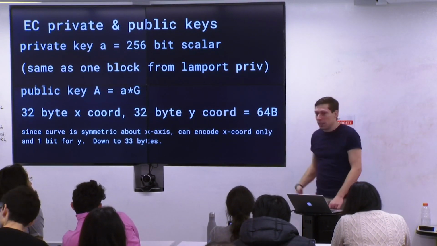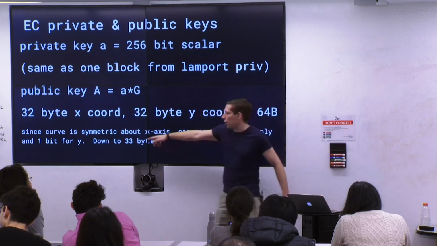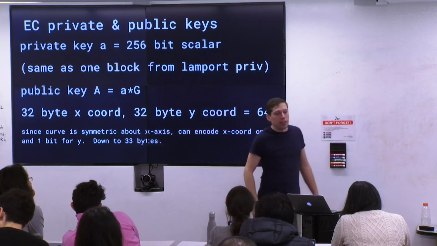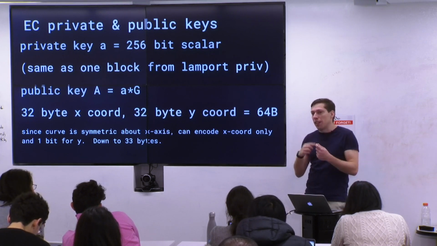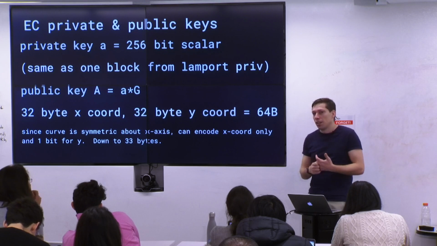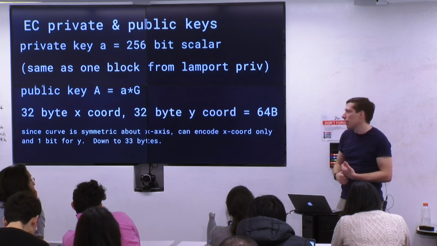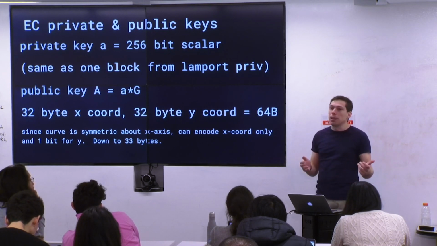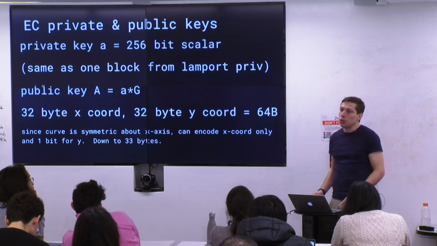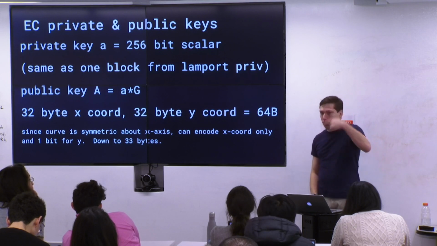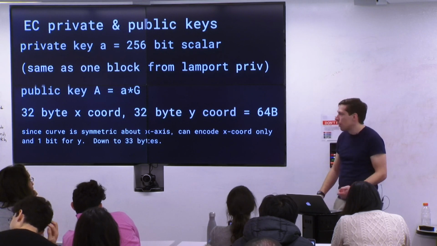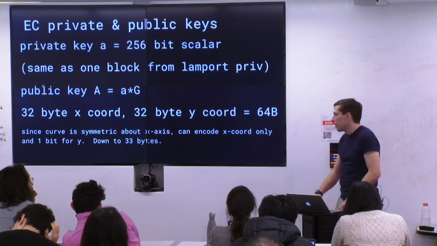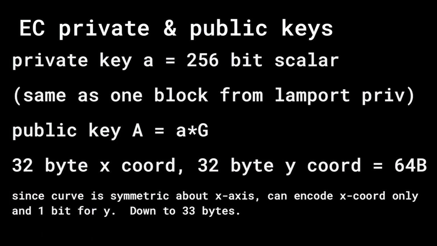You could have that as a rule of your system, and then you can get rid of the Y bit. But the thing is, the Y coordinate does affect some of the things like signatures, things that you'll later use. So you can just say, okay, implicitly the Y bit is positive, and you lose 1 bit of security because there is a difference between the positive and negative thing if you're doing signing. But yeah, some systems do that and it makes things easier. There's some signing systems that do that.